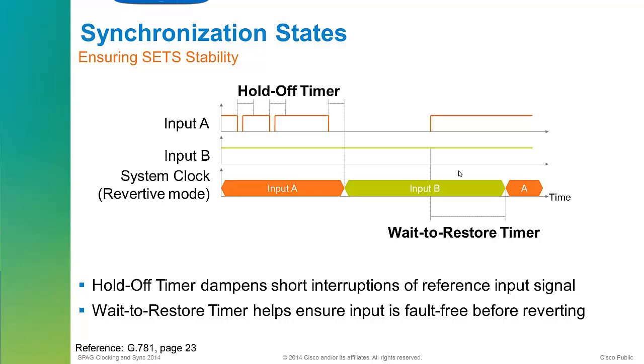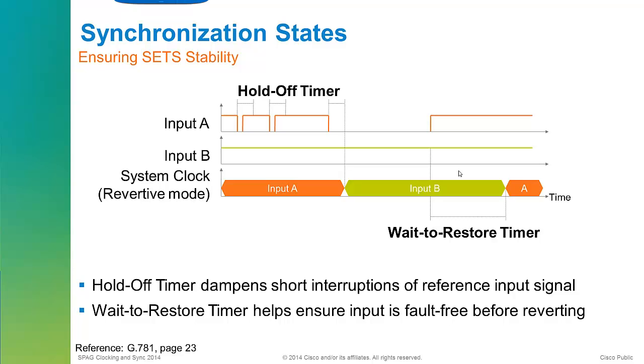Two more things we need to define. There's what's called a hold-off timer, and this is really just to keep the SETS, which is the timing system within the device that keeps track of the time for you. Generally just pieces of hardware, and generically known as SETS, and I'll refer to it as SETS throughout this presentation.